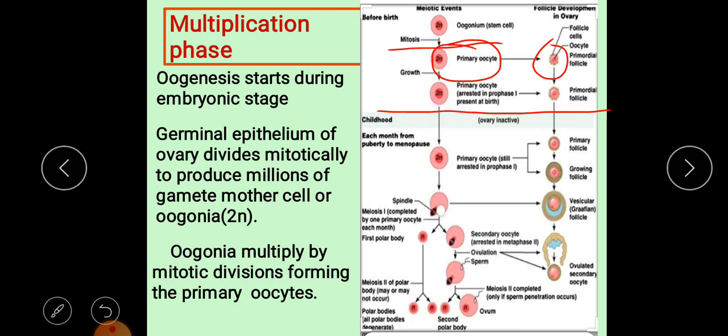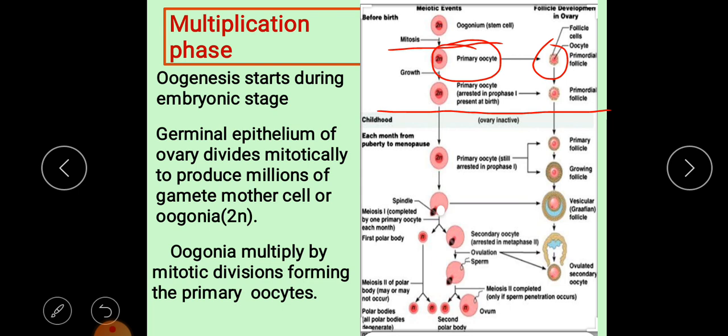Many of these primary follicles degenerate through atresia, that is, the death of the cell. And what happens next? More layers of cells form around the follicle cells, which forms the secondary follicle, and inside it the primary oocyte remains.